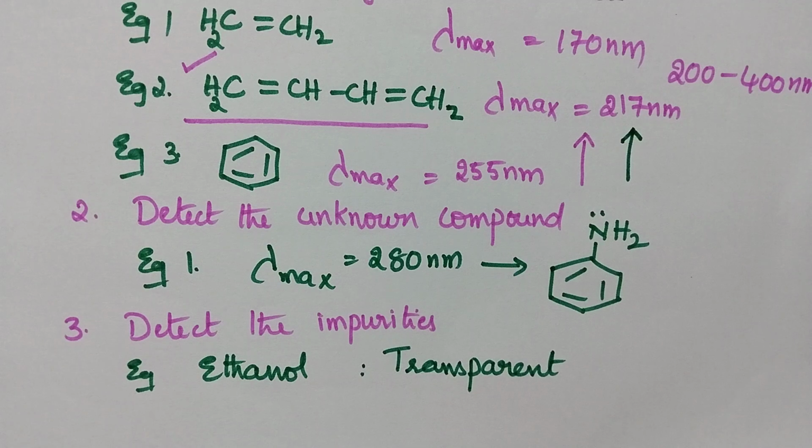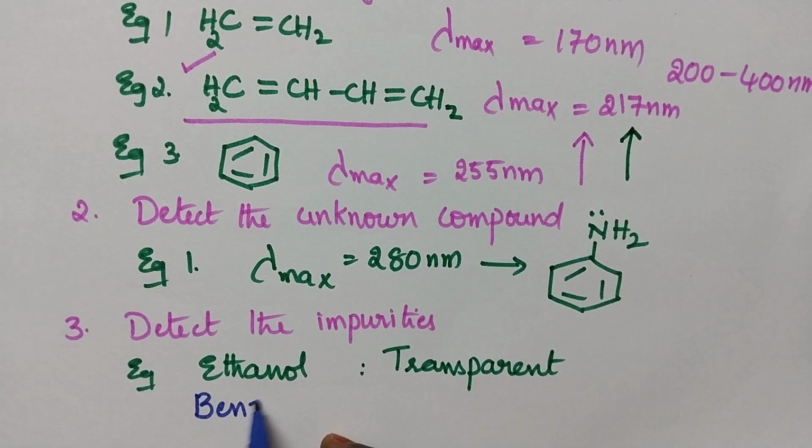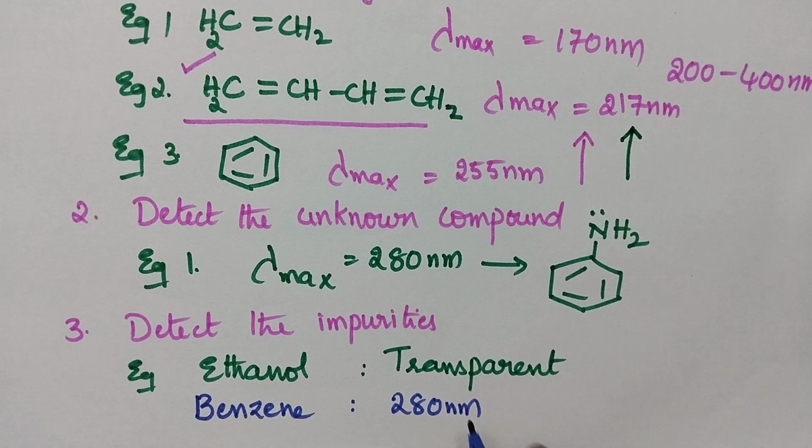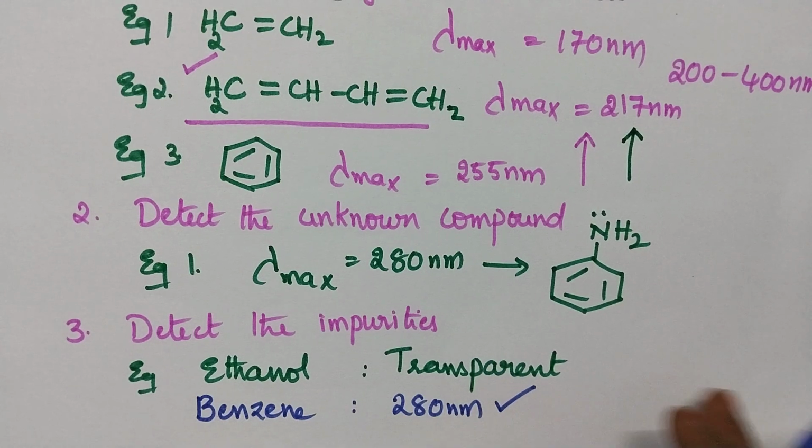If benzene is present along with the ethanol, then it shows a characteristic absorption at 280 nanometers. So sometimes ethanol may contain benzene as an impurity. In that case, we can observe the characteristic absorption at 280 nanometers. In that way, it is possible to identify the impurities present in the given solvent.